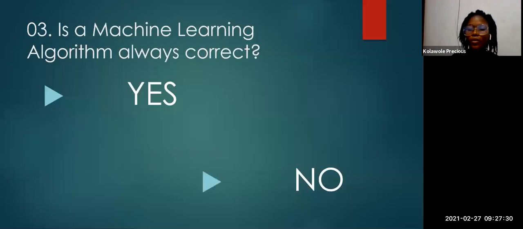So depending on this, my answer right now is no. A machine learning algorithm is not always correct because there are some things we really need to take into consideration, ranging from the quality of data to whether the algorithm fits the problem it is tackling. I hope we get that.